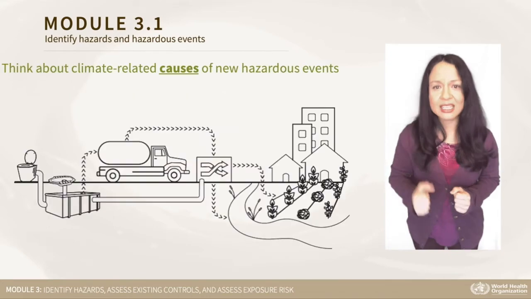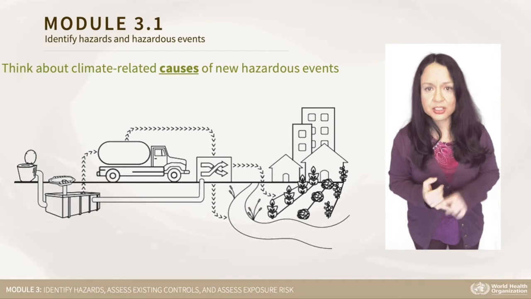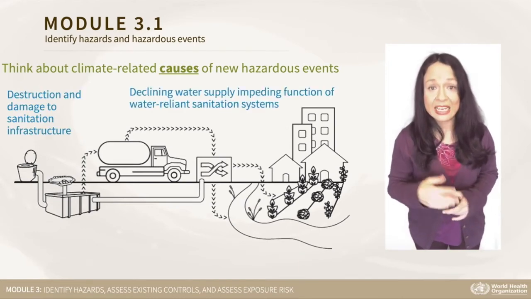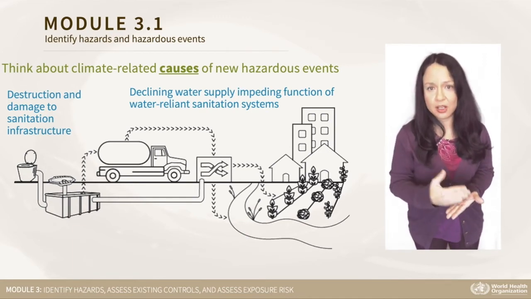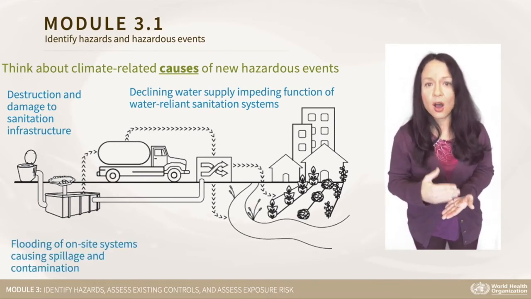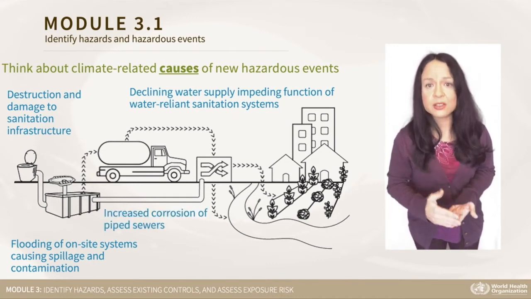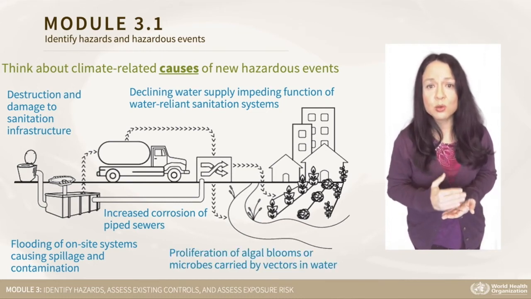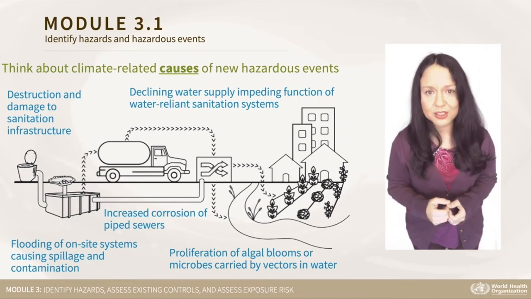Let's think about climate-related causes of new hazardous events. Destruction and damage to sanitation infrastructure, declining water supply, impeding function of water-reliant sanitation systems like flush toilets, sewer, or treatment plants, flooding of the on-site system causing spillage and contamination, increased corrosion of piped sewers, proliferation of algal blooms or microbes carried by vectors in water, and many others.